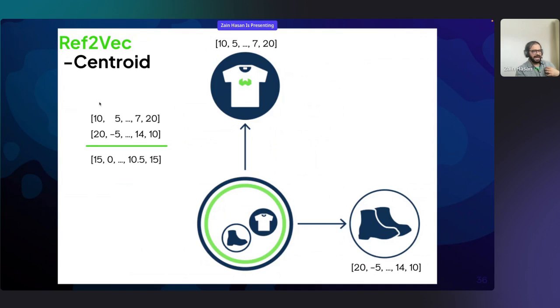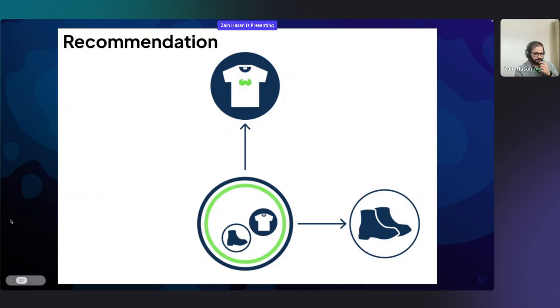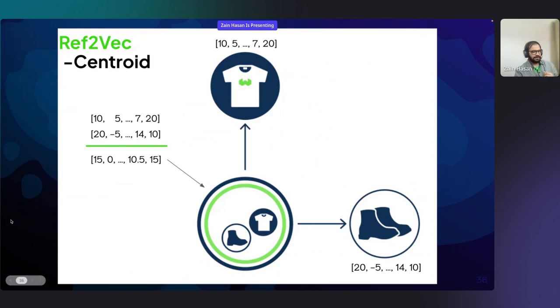So here I just add up across the dimensions of the vectors, and I've only shown 4 dimensions here, but this is 300, 700, 1000 dimensional. So you can take a per dimension averaging of all the features and you get the centroid vector across all the products. And now this vector is how you represent that particular user. So now we have a vector for that user based on their immediate interactions.